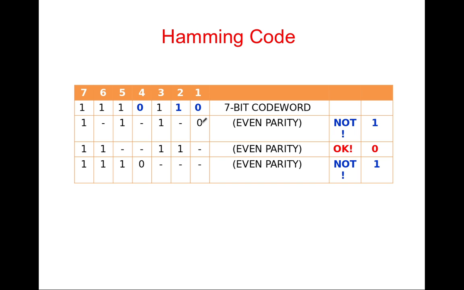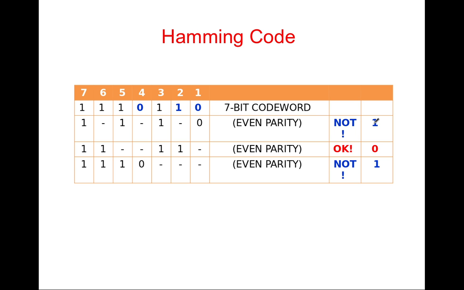That is not correct because the parity does not remain even. That's why this is incorrect, so here we are taking 1. For the parity bit 2, the value is 1 and the rest of the data bits are 3 ones. That's why the total goes to even parity. That's why this is okay, and we are taking it 0.